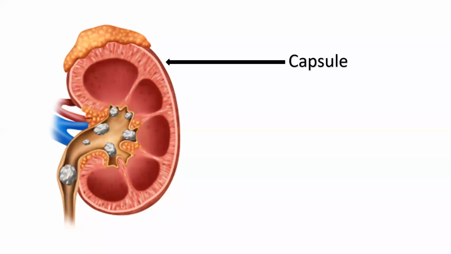Please do not forget while you'll be labeling every part of the kidney, start it with the word renal because kidney is also called as renal organ. So this is nothing but renal capsule. After renal capsule, you will find a pink color band like structure. Yes, immediately inside of the capsule and outside of the renal pyramid. This striations is nothing but renal cortex.